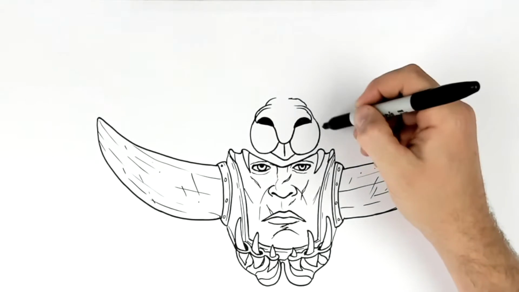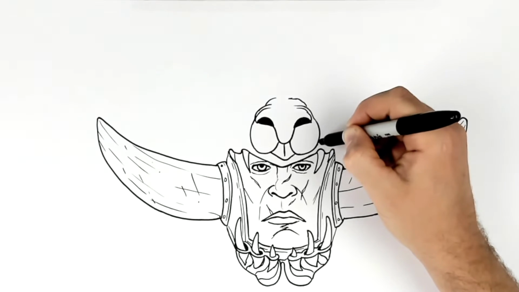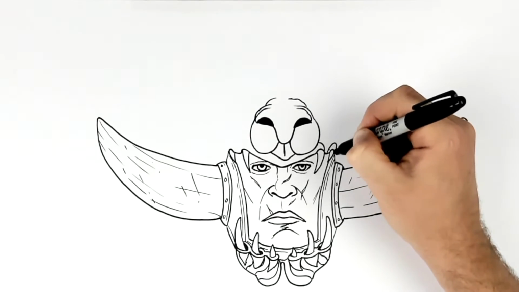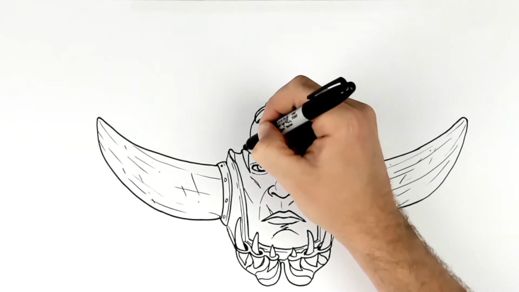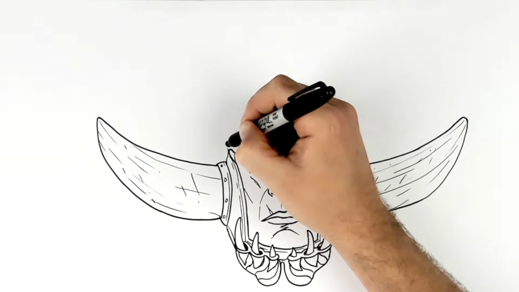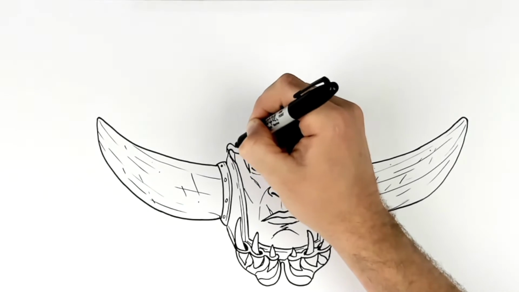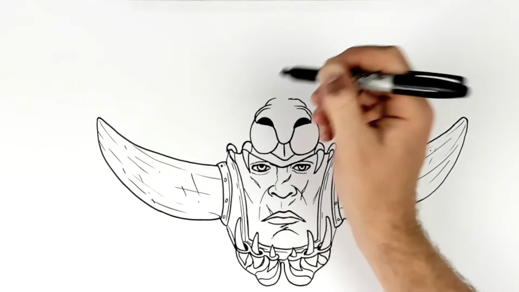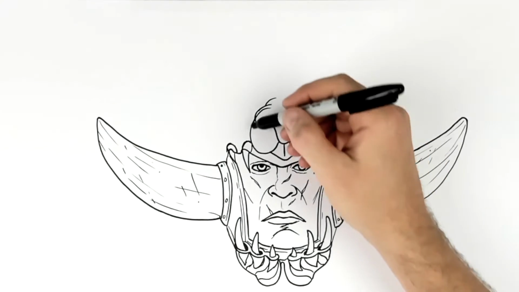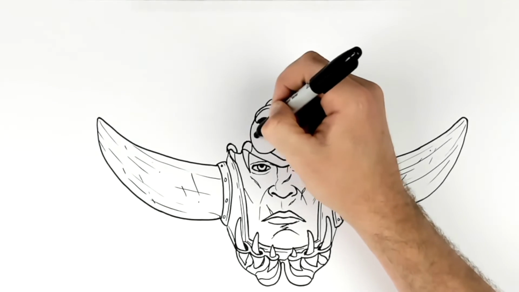Okay, so then we've got like tops of these teeth here. There. And then he's got what appears to be spirals and stuff coming out the side.